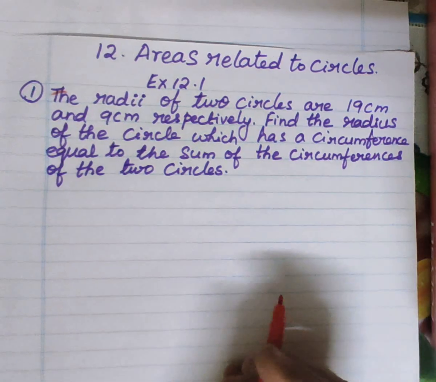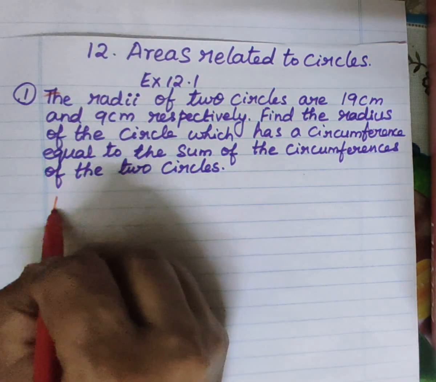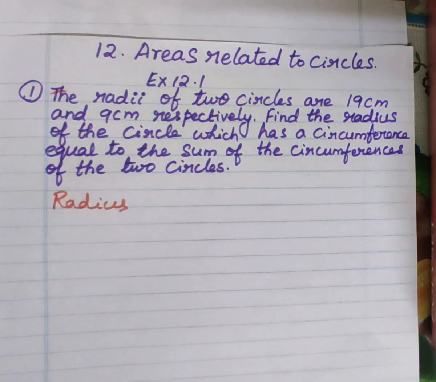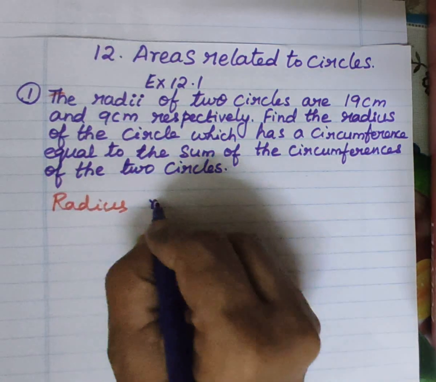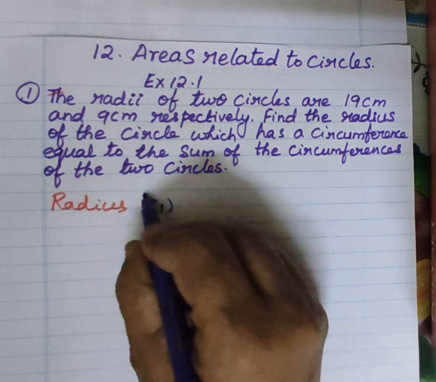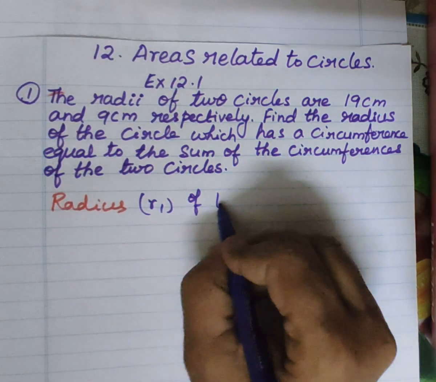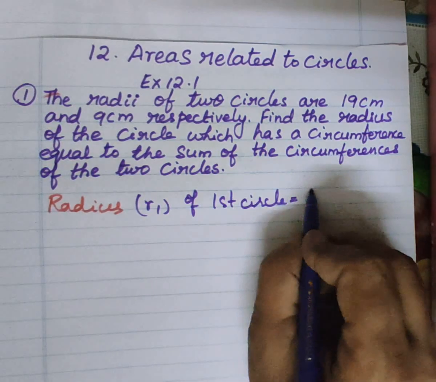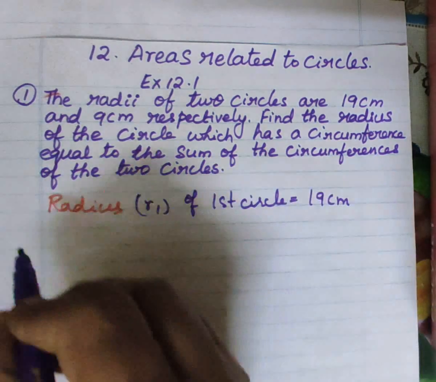Now what is given here? Radius. Let us take R1 of first circle is equal to 19 centimeters.